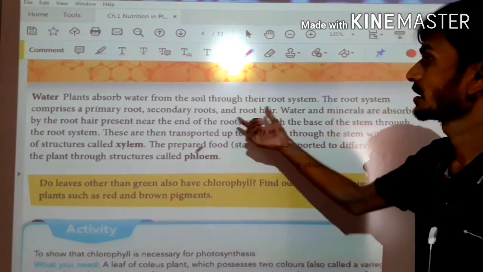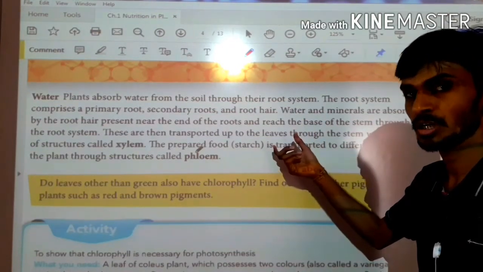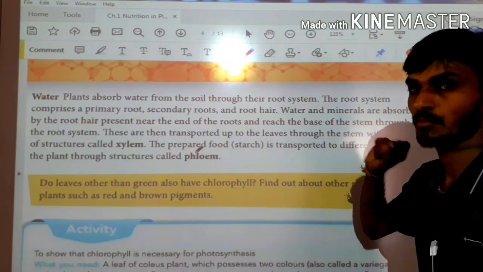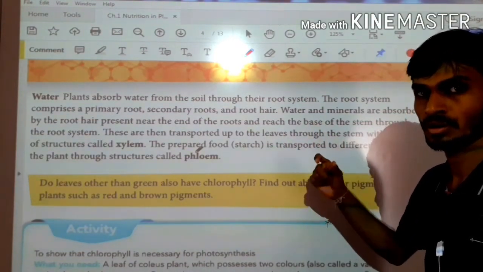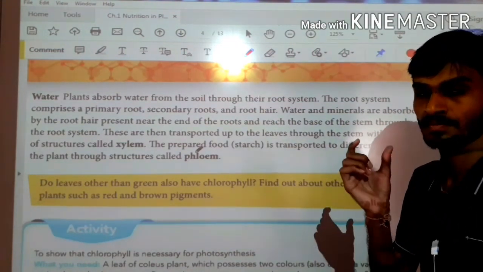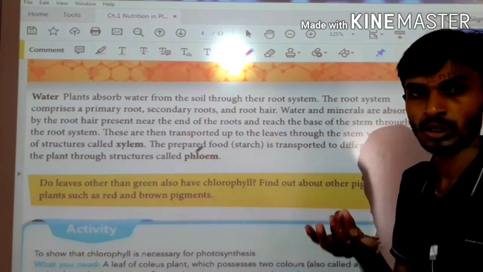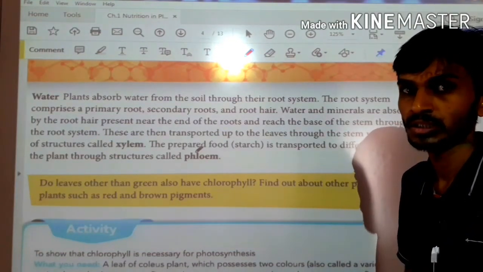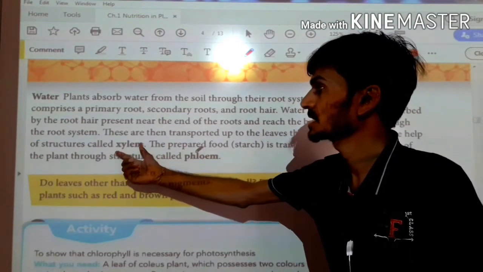That means secondary root, primary root, all absorb and it will be transported towards the green leaves, right? And the structure in the plant which is helpful to transport water, raw materials, minerals absorbed by the root is called as the xylem, right?